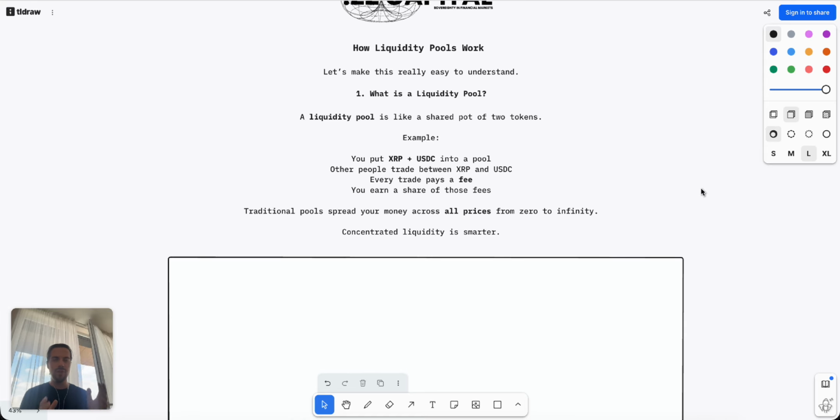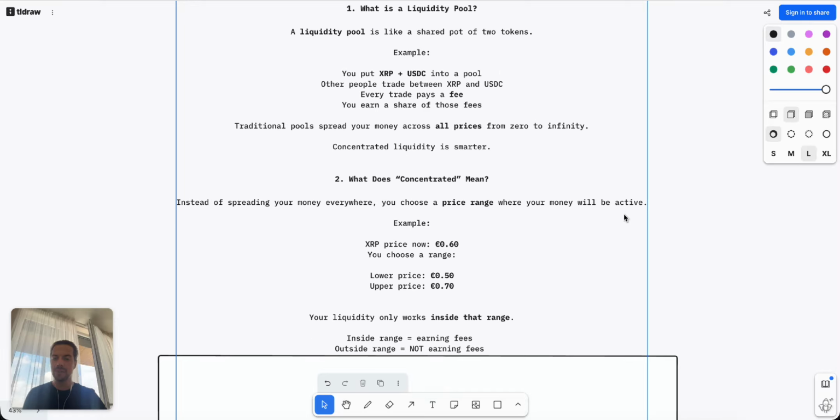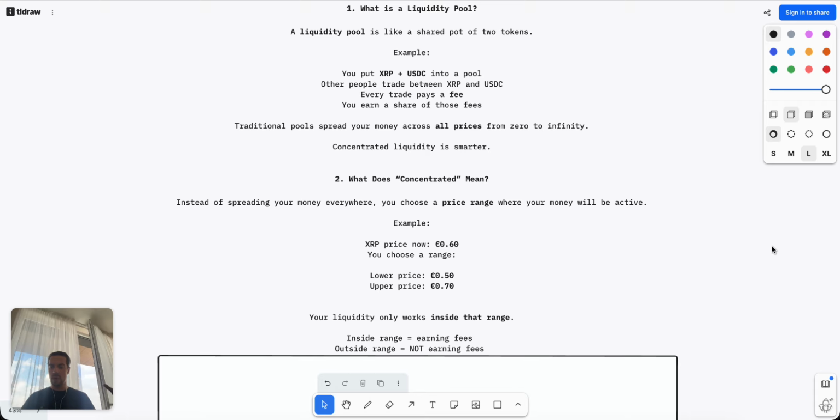So a few years ago, a new concept was launched in DeFi called version 3 pools, also known as concentrated liquidity pools, because it is a much smarter and more efficient way to manage your capital and provide liquidity. The way it works is, instead of spreading your money across the whole price horizon from 0 to infinity, you choose a price range where your money will be active.